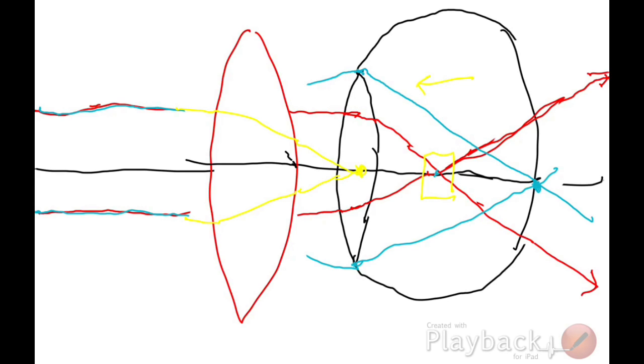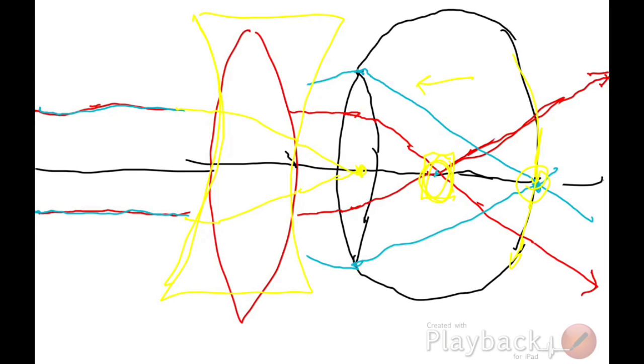So when we give this a terminology, if the convergent rays are on this side of your retina, meaning it's like in the middle of your eye, it's not on the back side of the retina, we call that nearsightedness, meaning that you have to use a concave lens to diverge those rays so that you could move that image back.